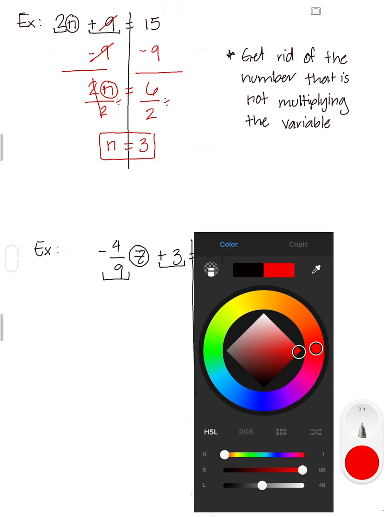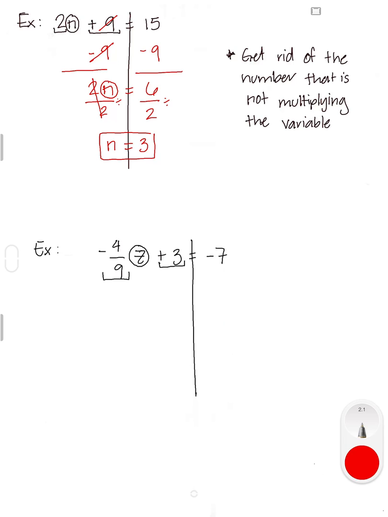Well, the positive 3, because it's not multiplying that letter. So I'm going to go ahead and do minus 3. The positive 3 and the negative 3 cancel, and I am left with negative 4 over 9 times z on the left side equals negative 7 minus 3, which is negative 10.